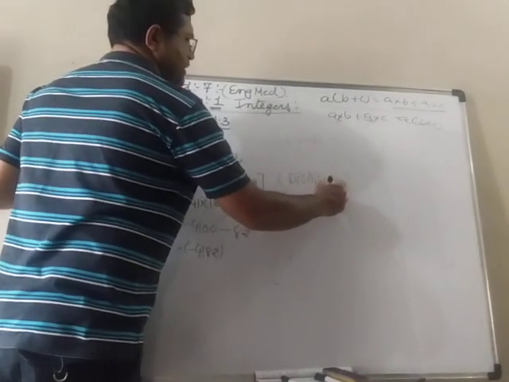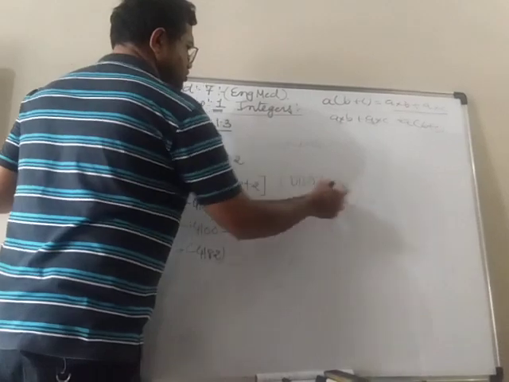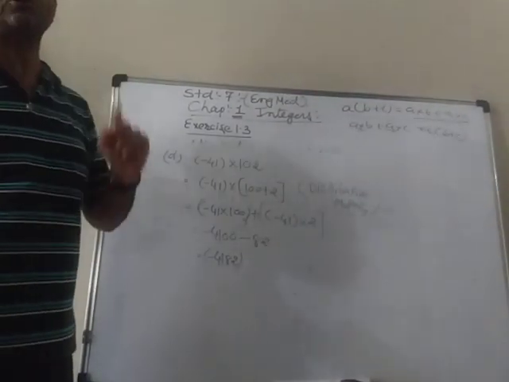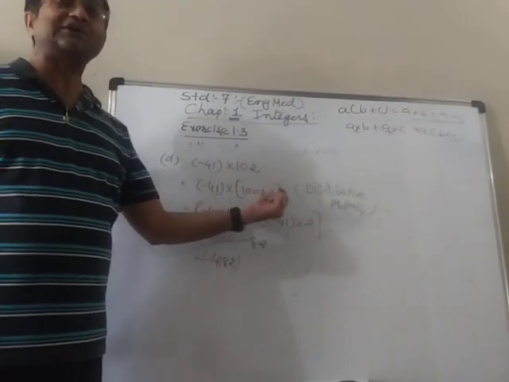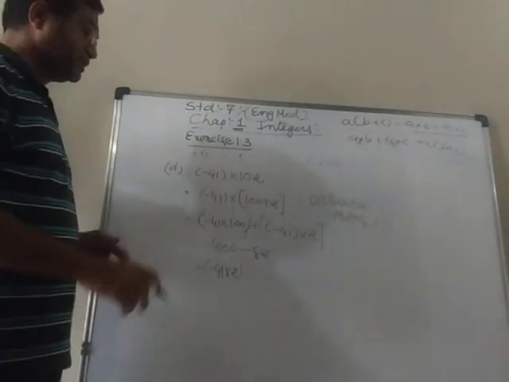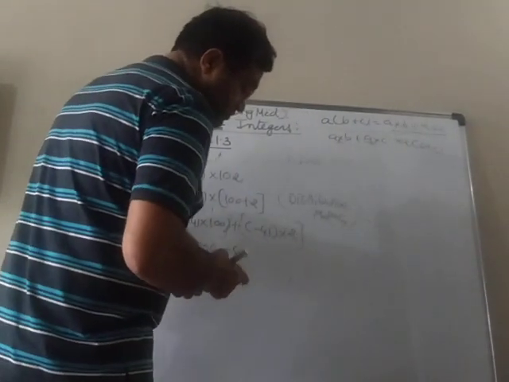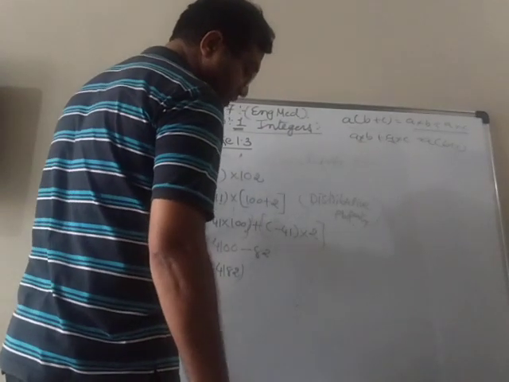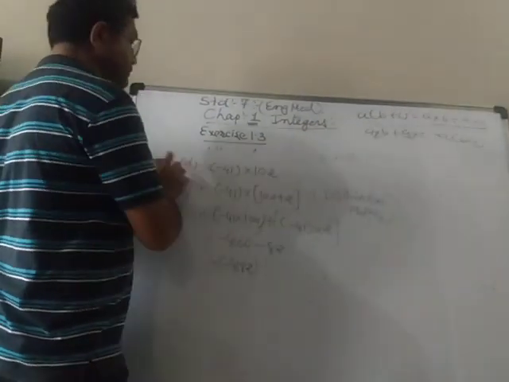Generally the most used property will be the distributive property. In the previous video also I told you that this property is very useful in your higher standards, in standard 9, standard 10 and so on. So here you can see that it is very simple.